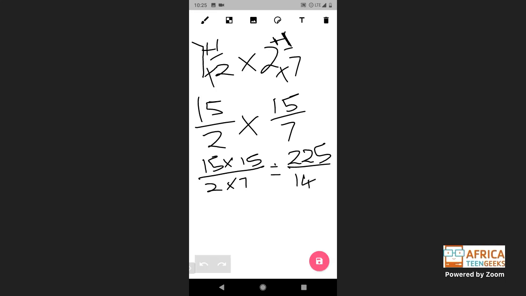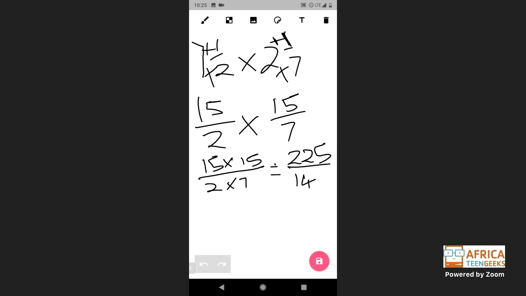So 2 multiplied by 7 is 14, and 15 multiplied by 15 equals 225, over 14. Okay, guys. In this case, we must also find our highest common factor, right?